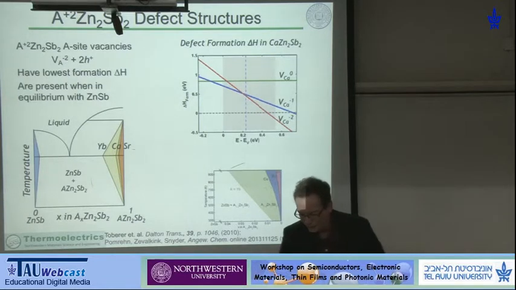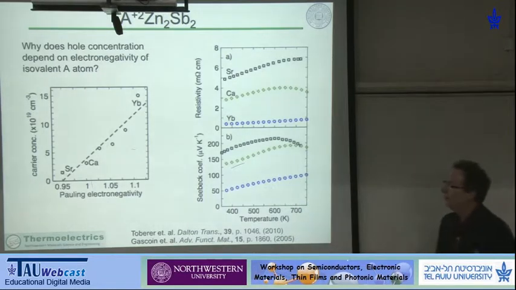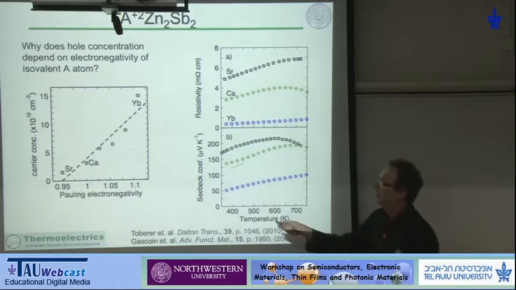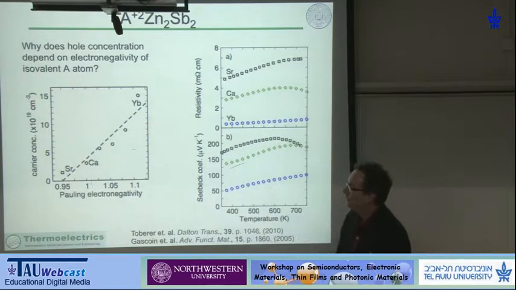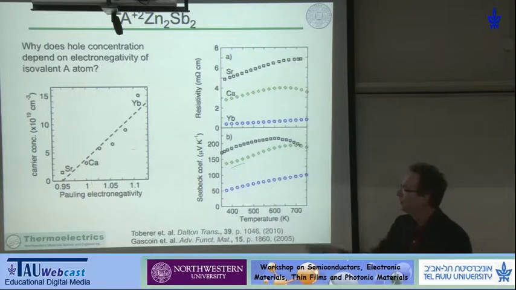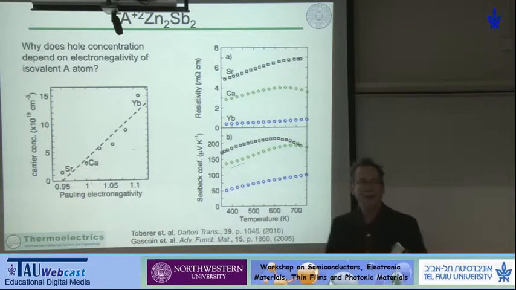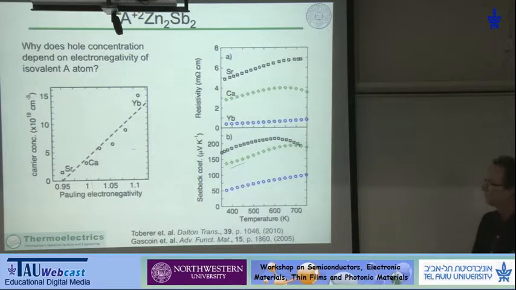And that allows us to explain why we see now a trend in the number of free carriers that we have in the material versus the electronegativity or the chemistry of that cation.